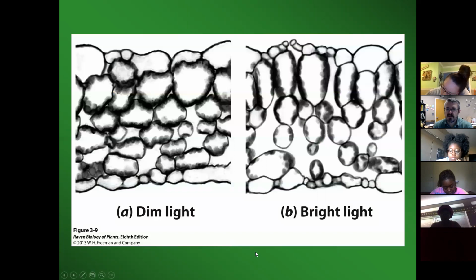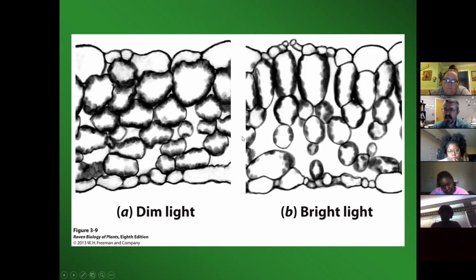Okay, so chloroplasts can move within the cell. They actually have a framework in which they can move along and move things around. So in dim light, notice the way that they're oriented within the cell. Look in bright light, look at the way they're oriented.